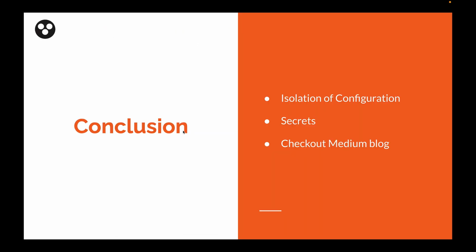So last but not the least, we came to the conclusion, what are the pros and cons of using environment variables. It is very easy to use, but when to use it is at the developer's discretion. Personally, for me, that is the best way to manage configuration.